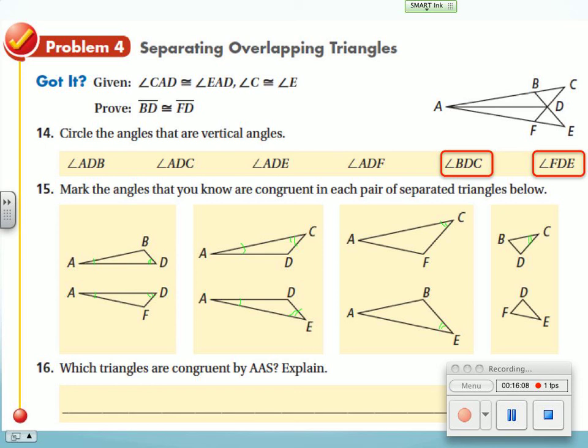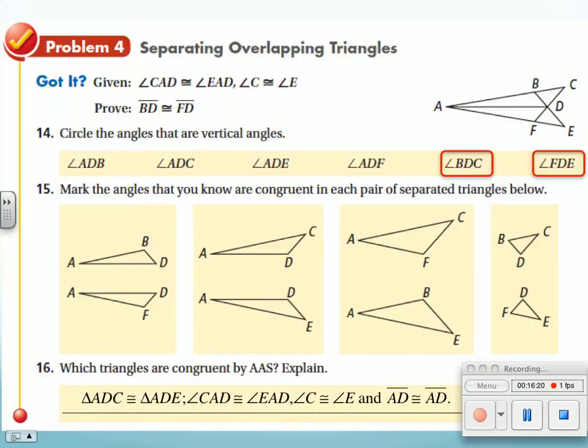Okay, so which triangles are congruent by angle, side, angle? Well, obviously, ADC is congruent to ADE. CAD is congruent to EAD.